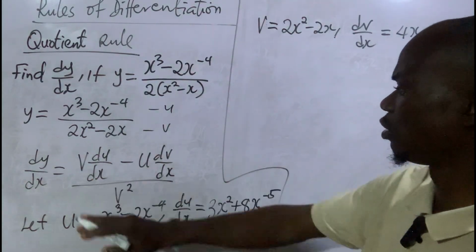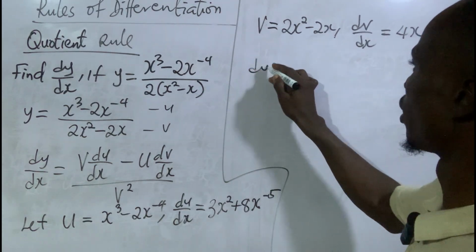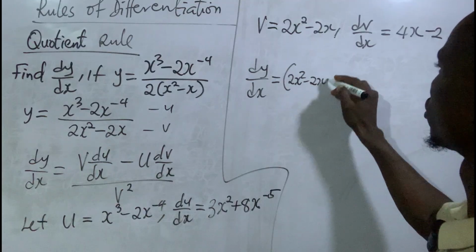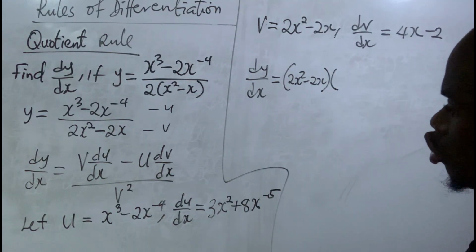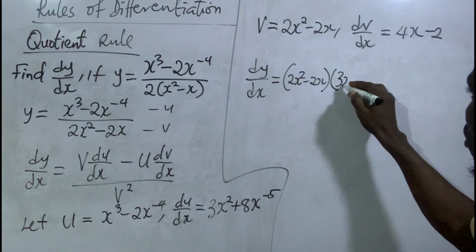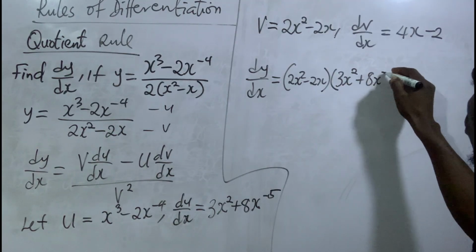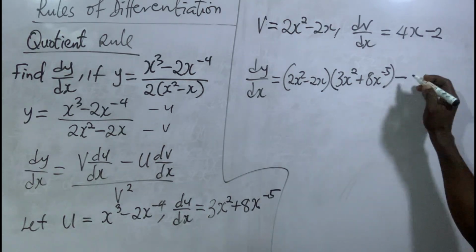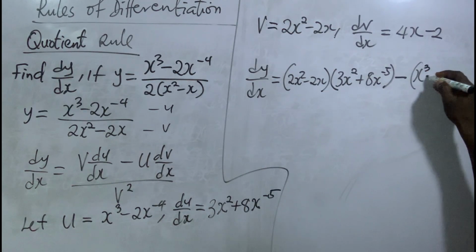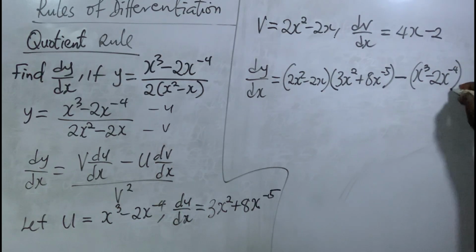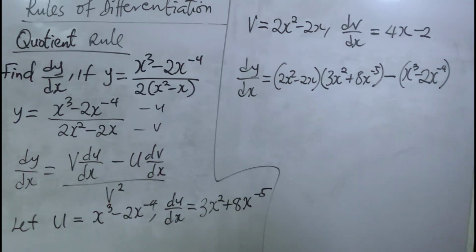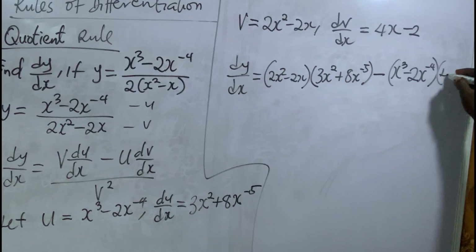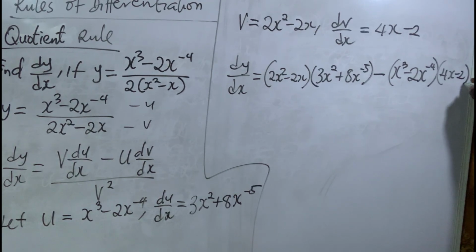Substituting into the formula, dy over dx is now equal to v, which is 2x squared minus 2x, times du/dx, which is 3x squared plus 8x raised to the power minus 5, minus u, which is x cubed minus 2x raised to the power minus 4, times dv/dx. dv/dx is 4x minus 2.